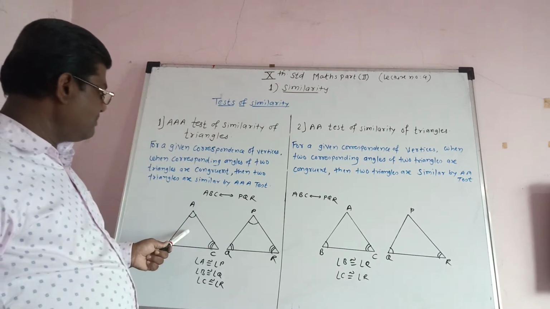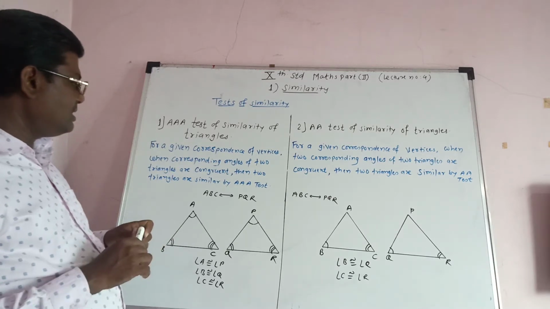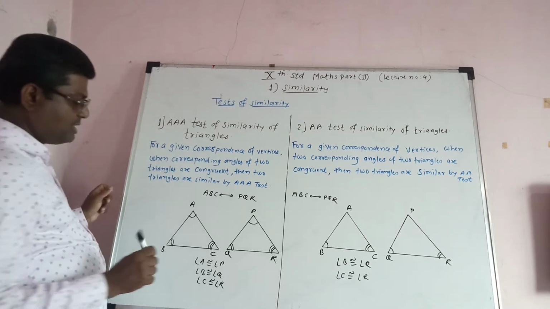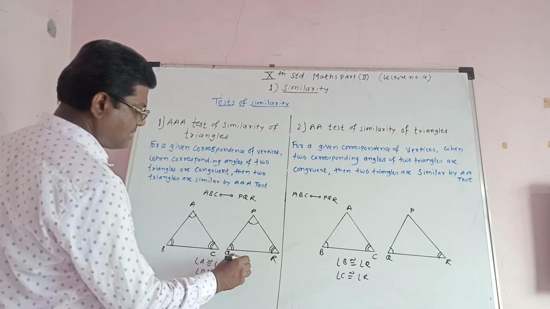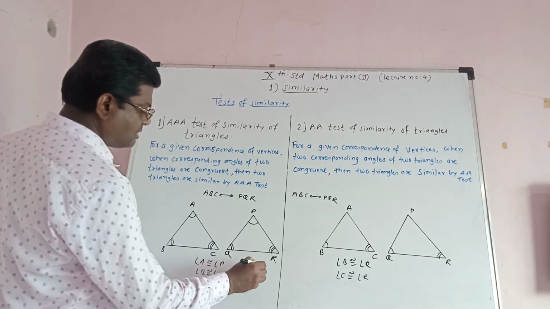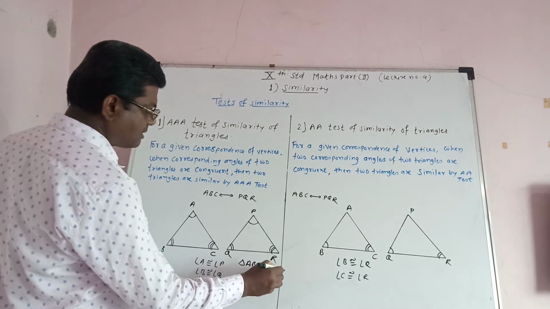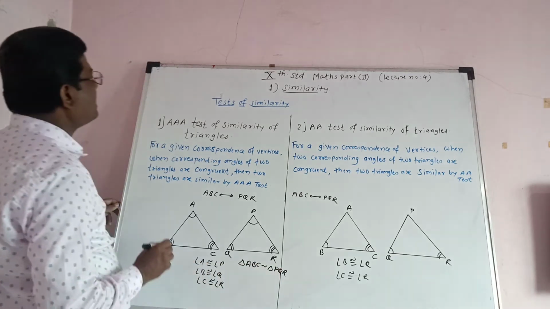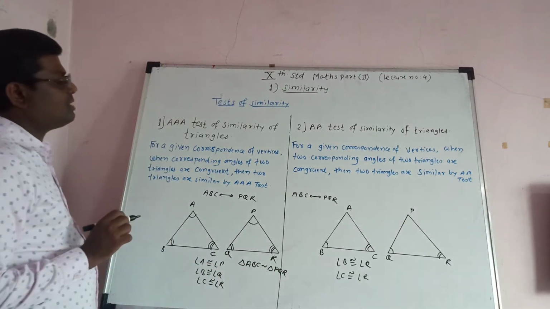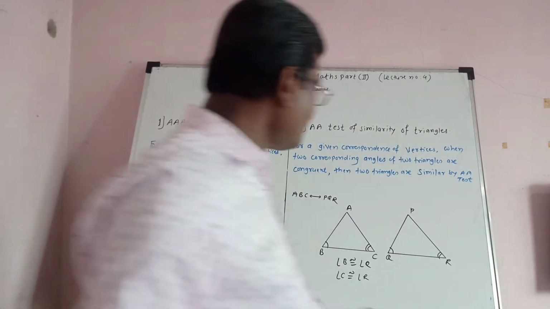Then triangle ABC is similar to triangle PQR. So we write triangle ABC ~ triangle PQR. This is by the AAA test of similarity.